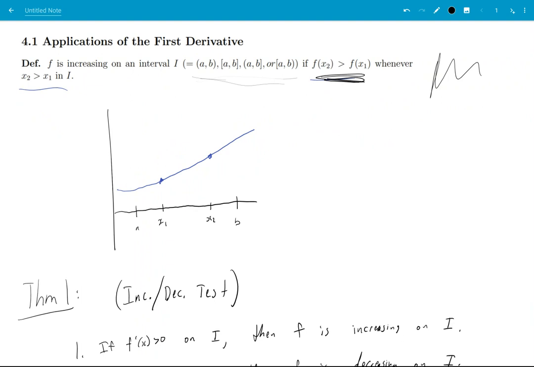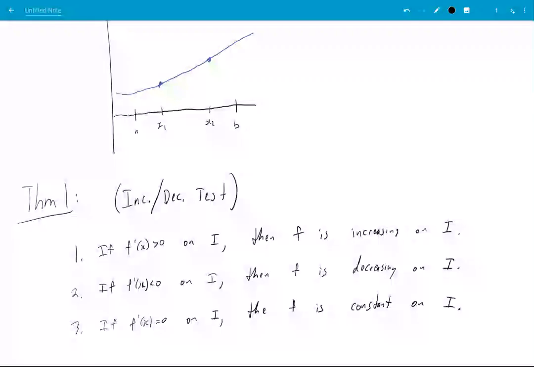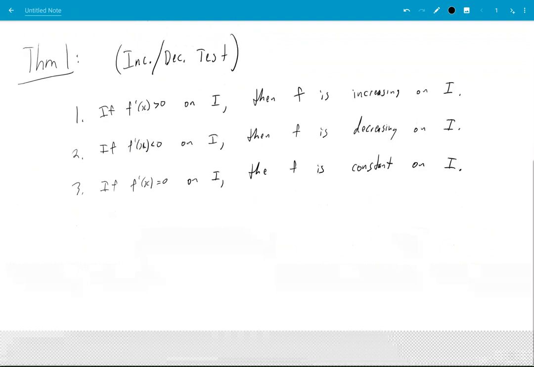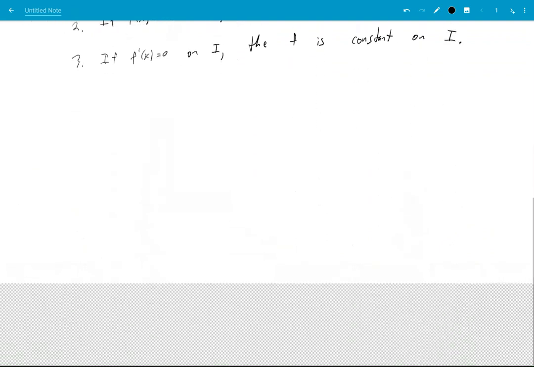So we have a definition of f being increasing on an interval I, and then we have the notion of a first derivative being positive. These are obviously connected things, but they're not the same thing. So that's why we need a theorem.